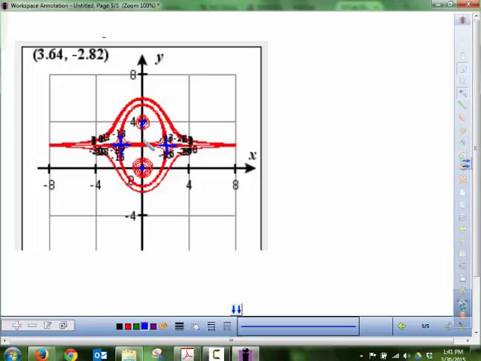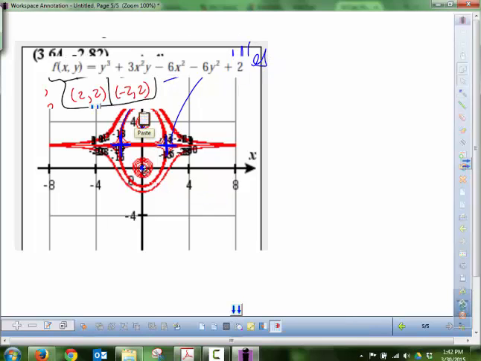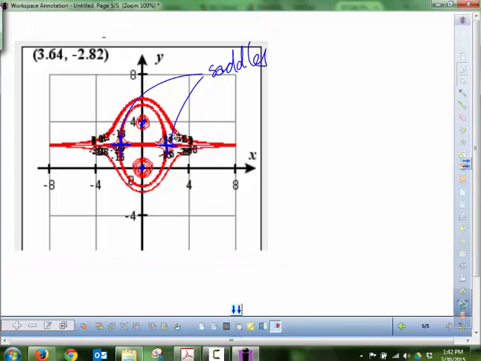In any case, those are going to be your saddles, right? So we got saddles over here. And then we got, I don't know which one was the max and which one was the min.